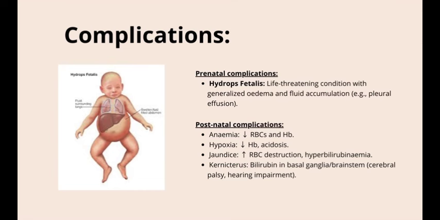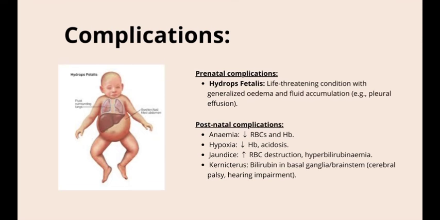And the prenatal one is called hydrops fetalis, and this is a life-threatening condition. Notably, there's generalized edema and fluid accumulation. Pleural effusions also occur, and there can also be hepatomegaly, as you can see in this image or diagram on the side. And there's also postnatal complications.